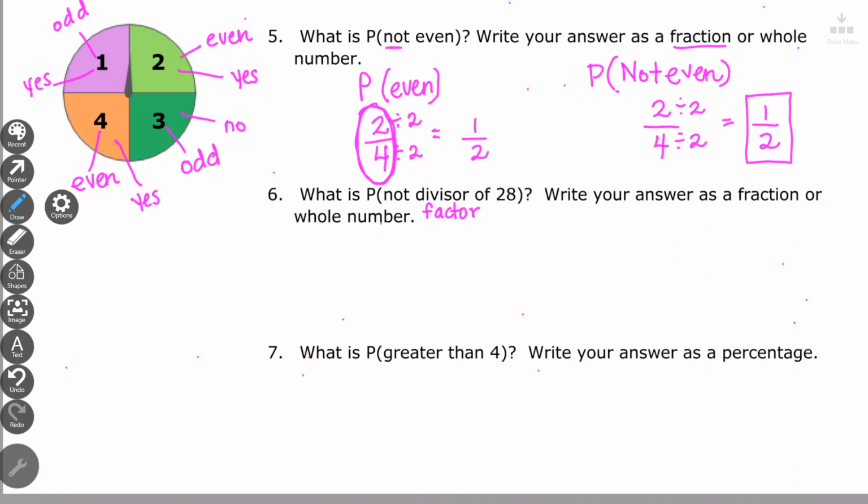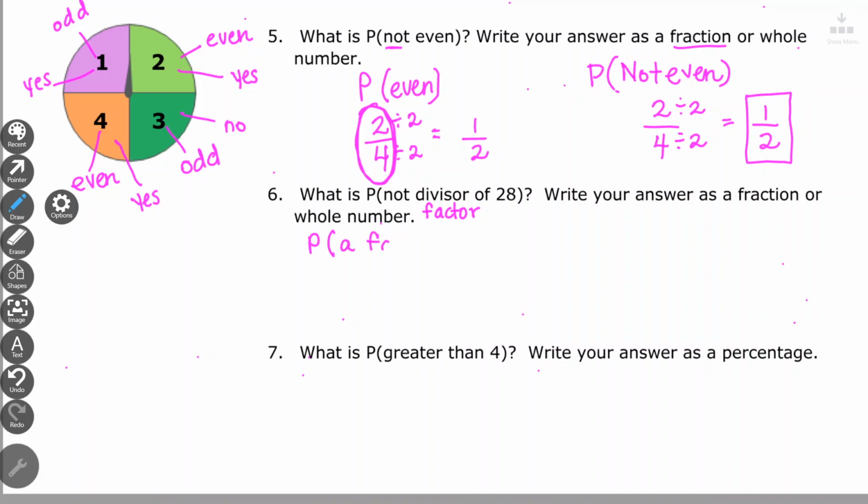Okay, now we want to know what is the probability of you spinning the spinner and it not giving you a divisor of 28. So what you want to do is start with, what is the probability of getting a factor or divisor of 28?